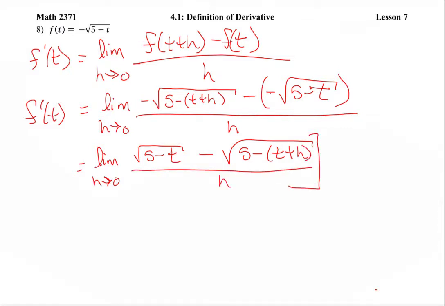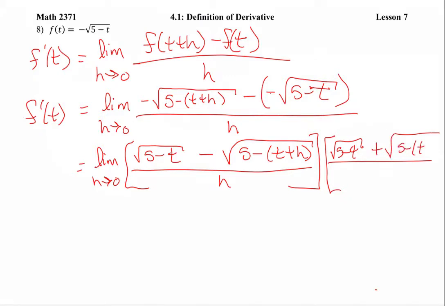So now I'm going to multiply by the conjugate, and the conjugate of this is the square root of 5 minus t plus the square root of 5 minus t plus h. Okay?